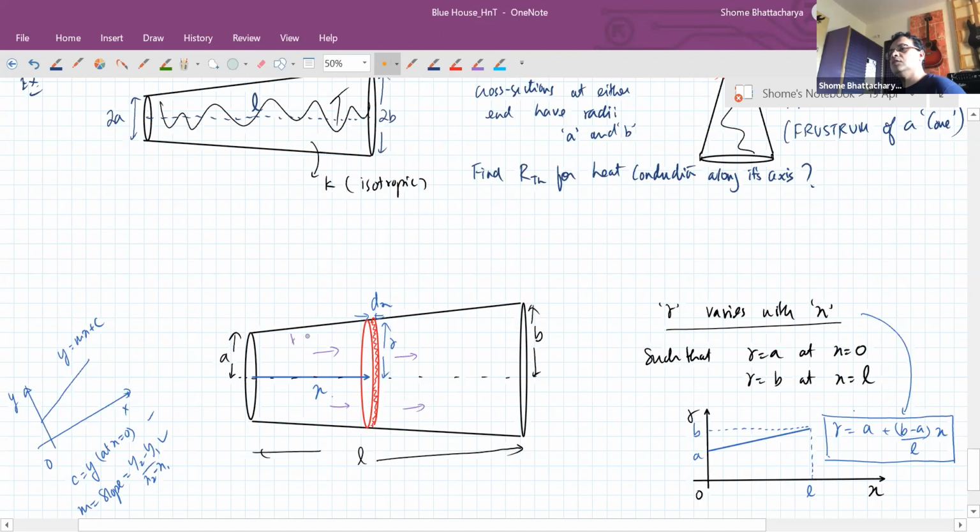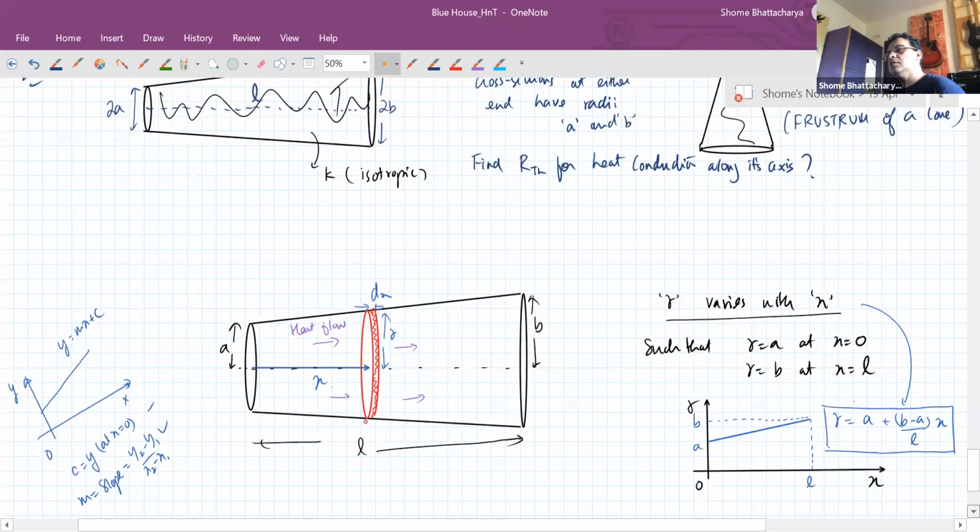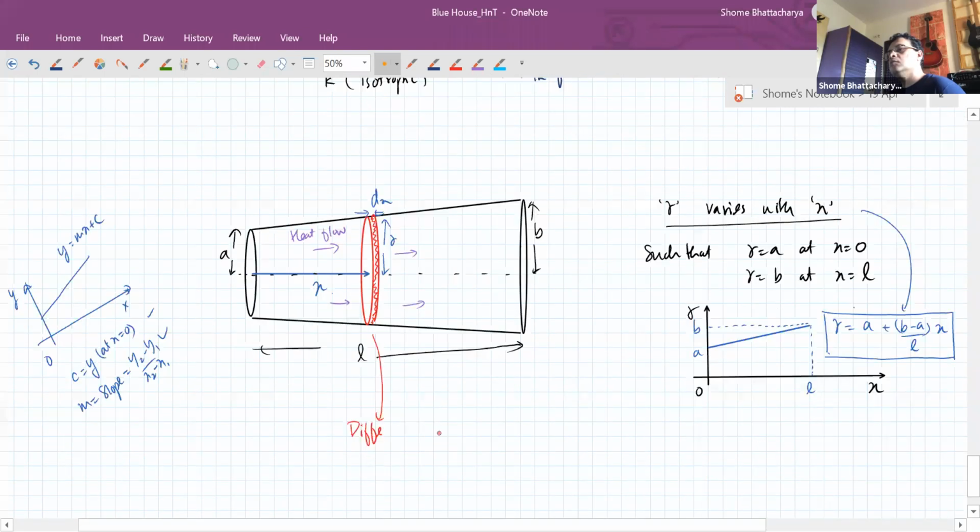For this kind of heat flow along the axis, the thermal resistance of that thin disk, which is our differential element, of thickness dx and radius r, with cross-sectional area pi r square, is dx upon Ka.